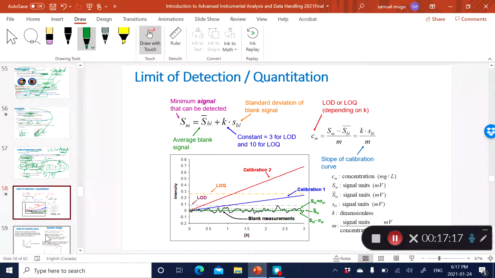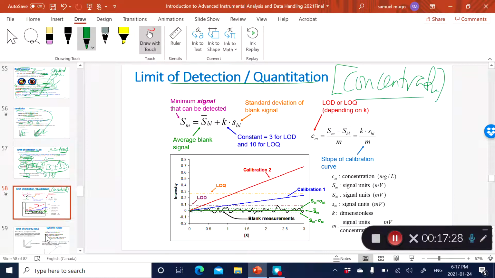However, in most cases, we are interested in the limit of detection or the limit of quantification in concentration units. So how do you determine the limit of quantification or the LOD in concentration units?